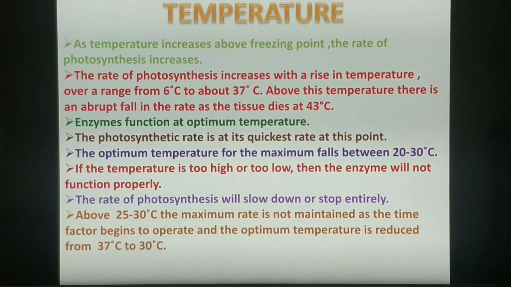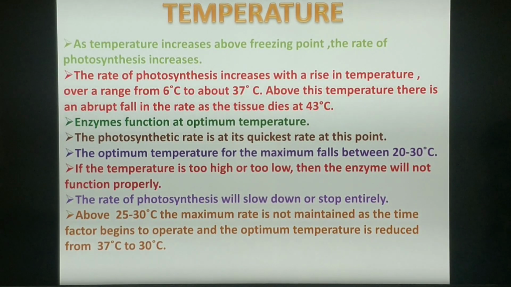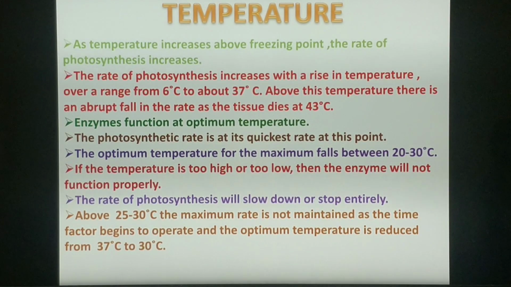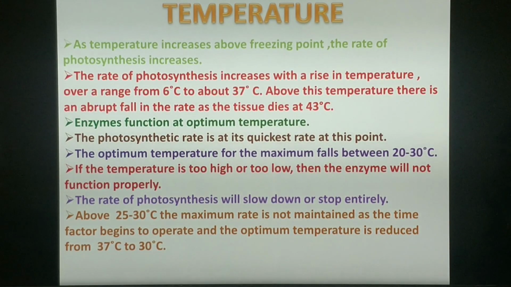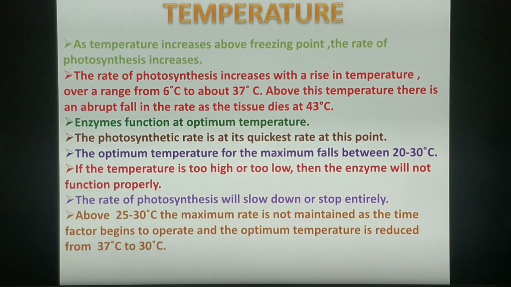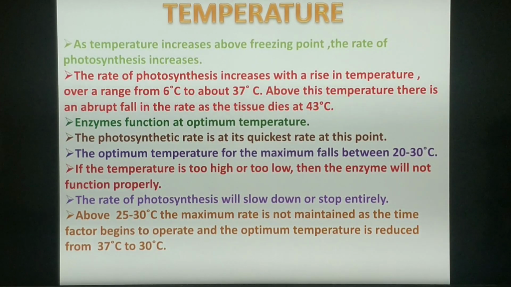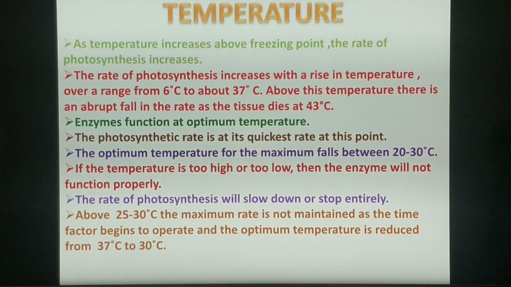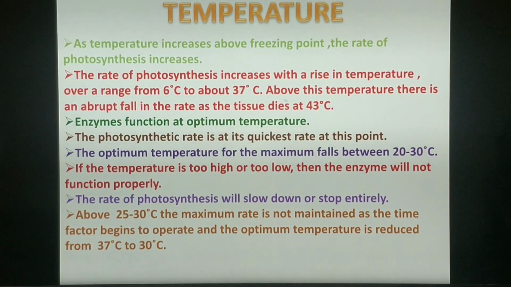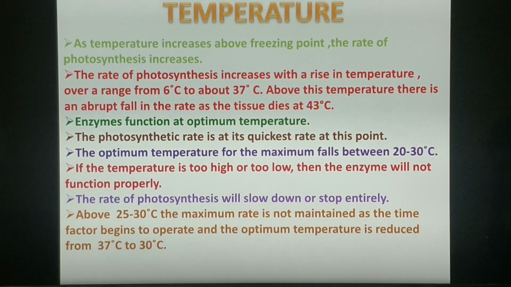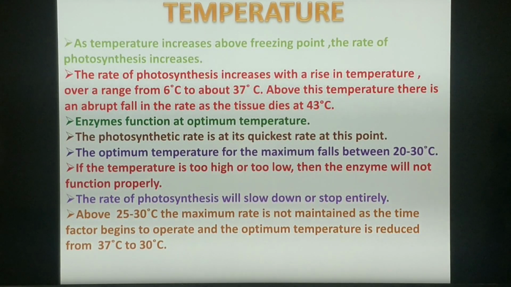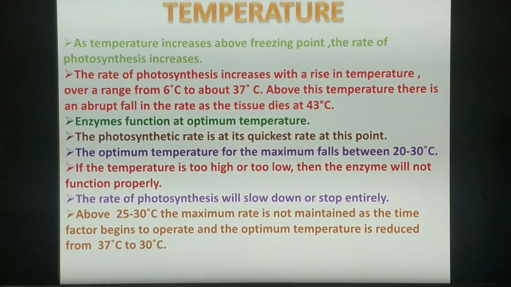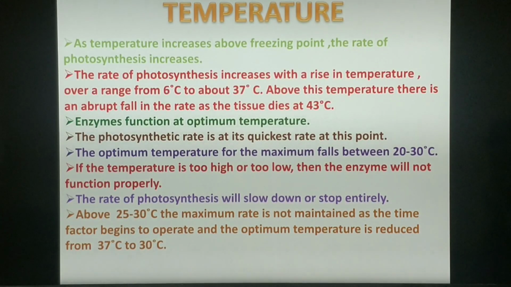Enzymes function at optimum temperature. The photosynthetic rate is at its quickest at this point. This point means optimum temperature. The optimum temperature for the maximum rate falls between 20 to 30 degrees Celsius. If the temperature is too high or too low, then the enzymes will not function properly.